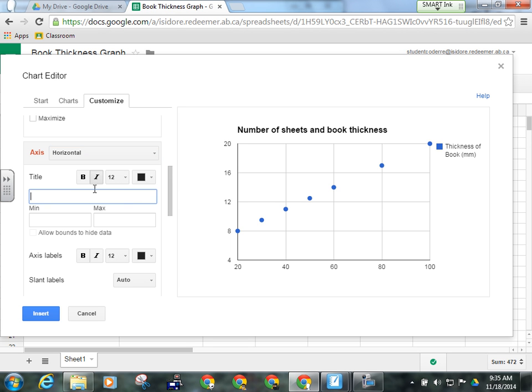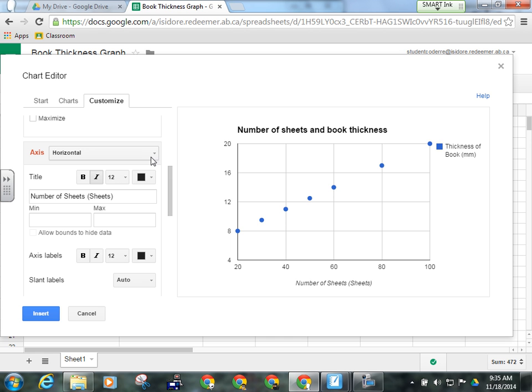Our horizontal axis should have a title, and that was the number of sheets. And we should put the units in there, sheets. Click anywhere else, and it shows up down at the bottom.